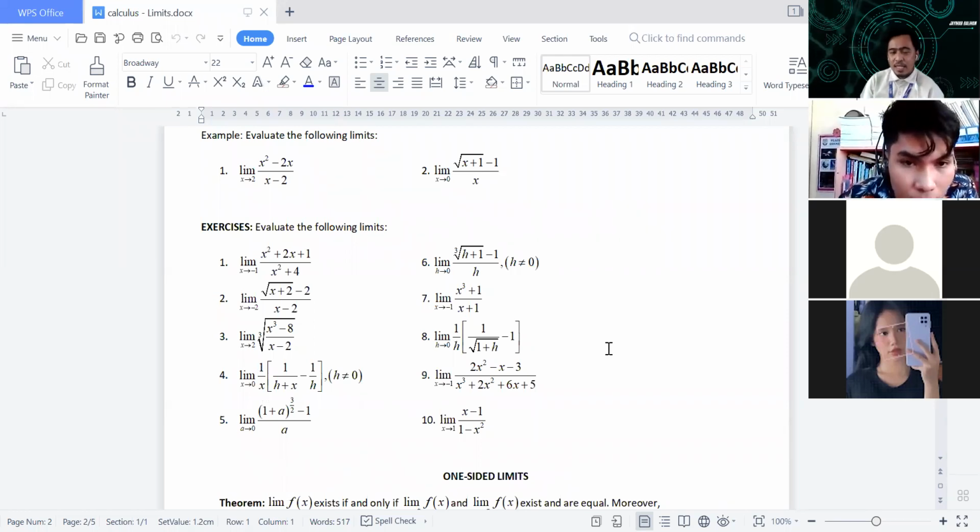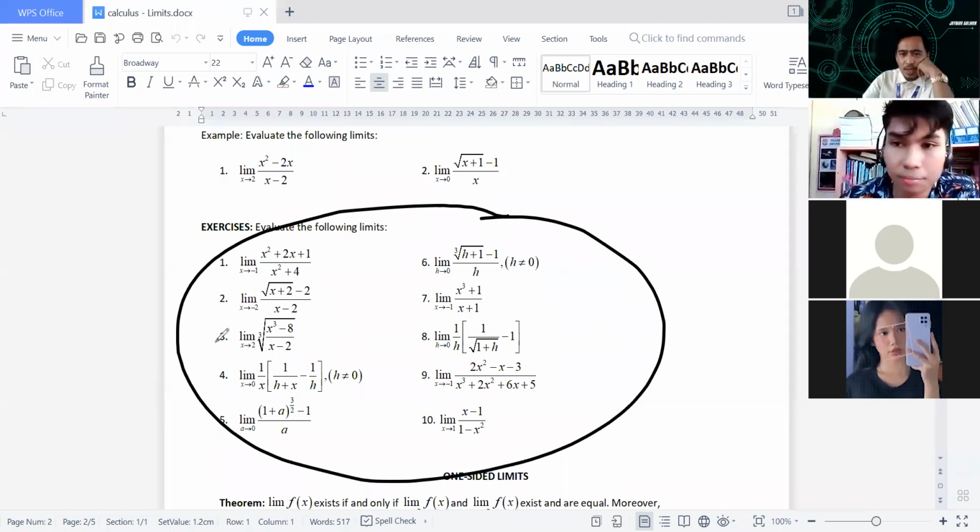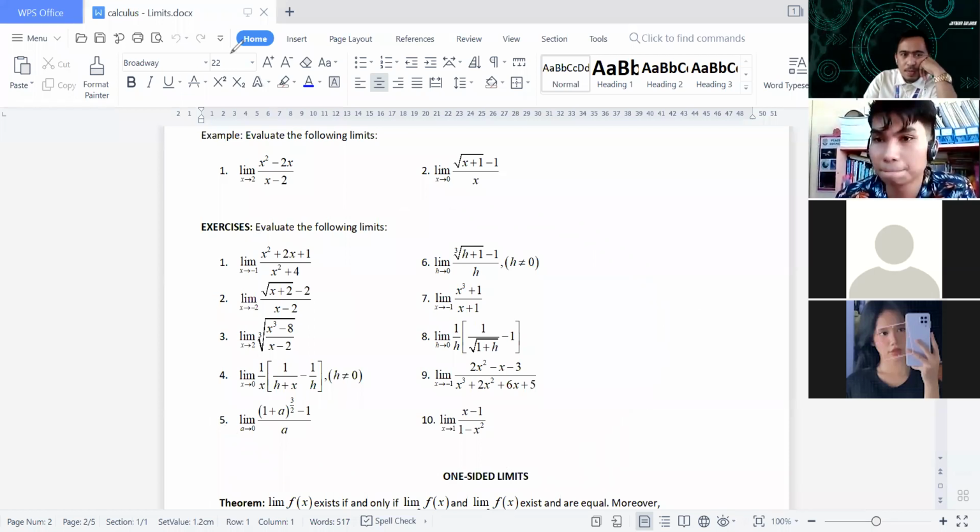After we discuss the previous theorem next meeting, we will have the one-sided limit. Any questions before we go? Clarifications?